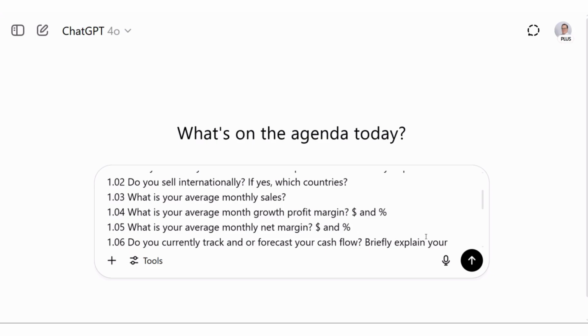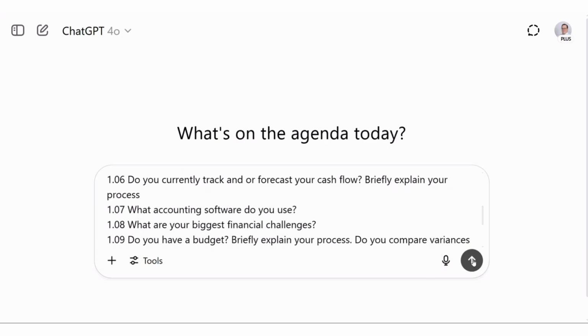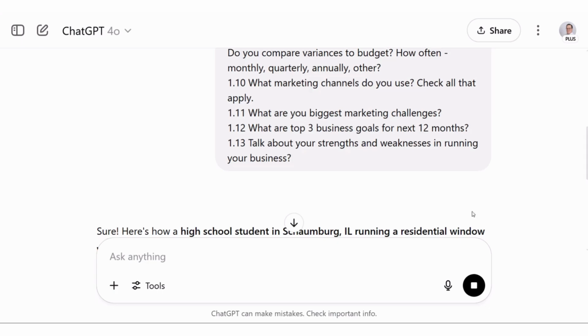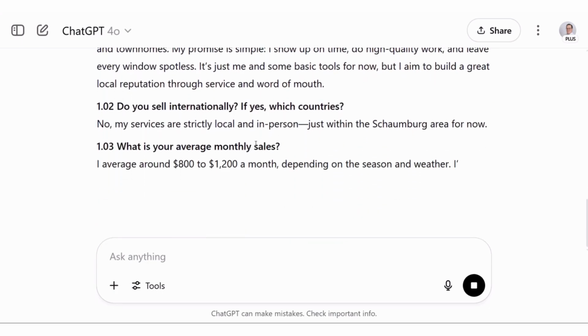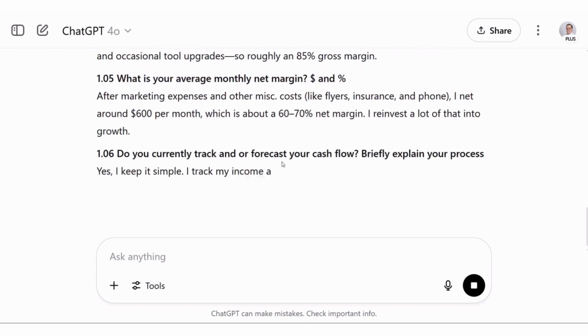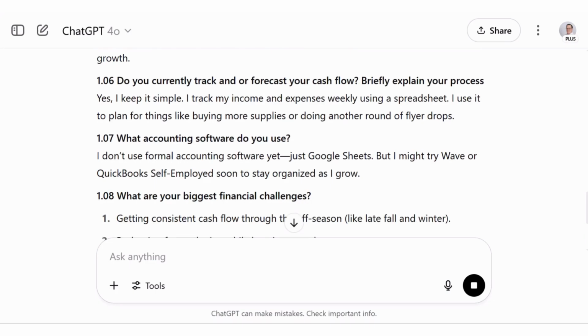What's your average monthly gross profit margin, etc. And then what it does is it spits out answers and your targets for the first round of questions.